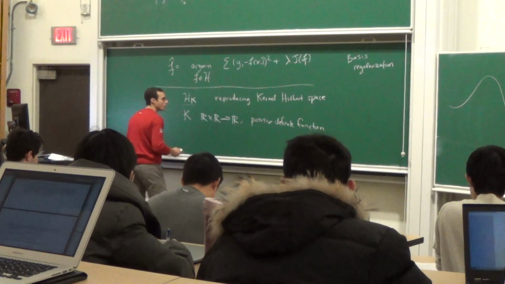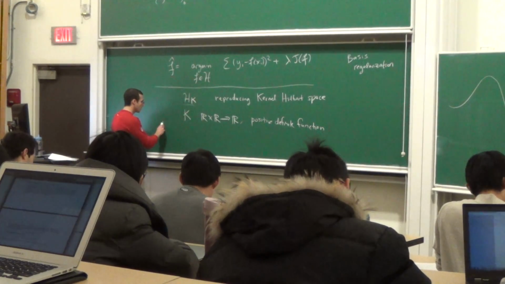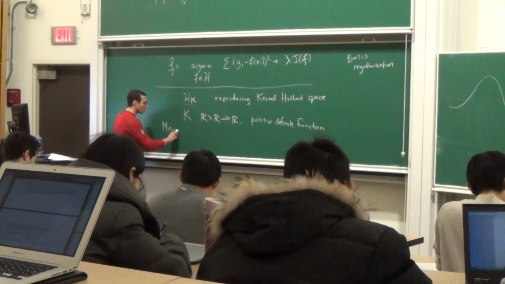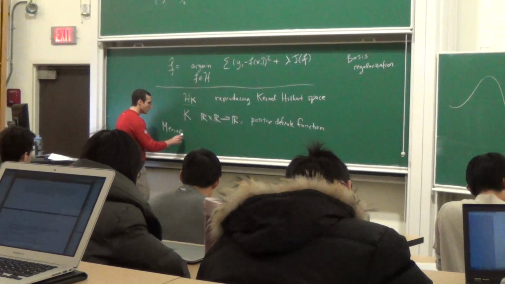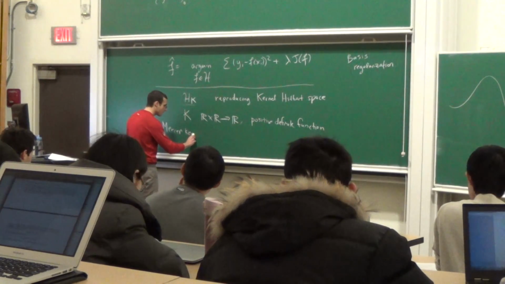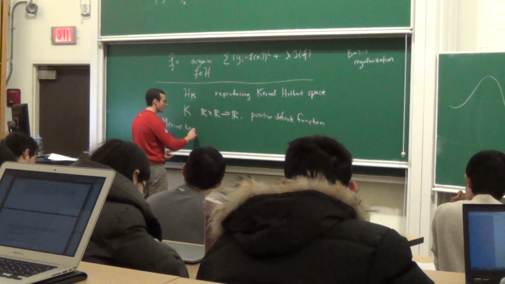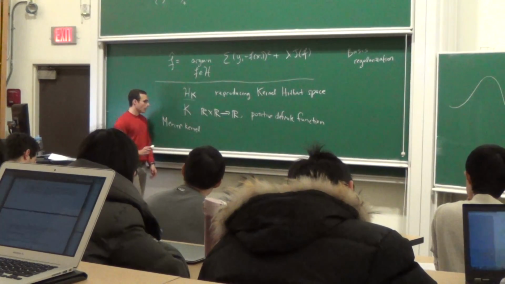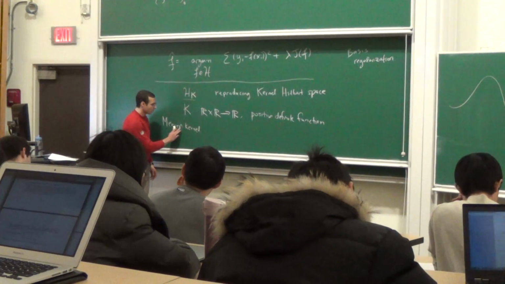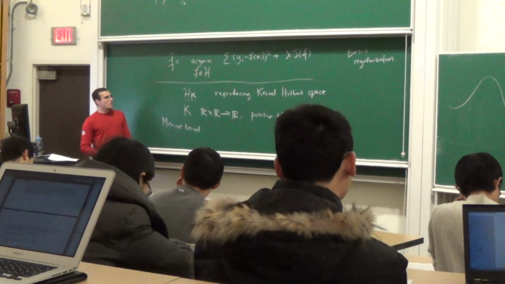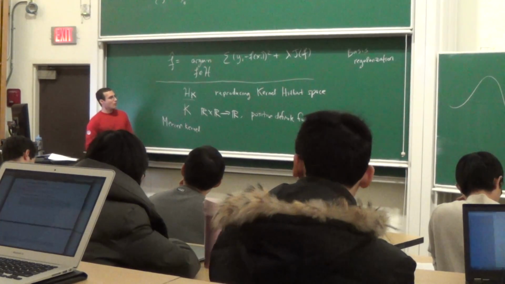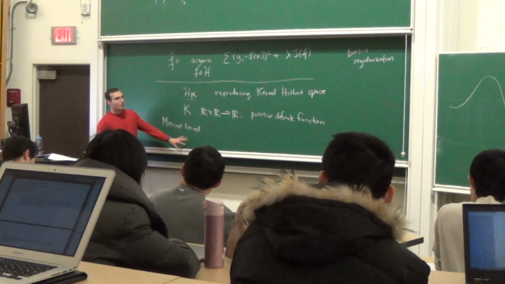This is called a kernel. Unfortunately this is also called a kernel, so we'll call this a Mercer kernel to differentiate this from a smoothing kernel like we had for kernel smoothing. So after we choose this k, I'll tell you a couple choices.